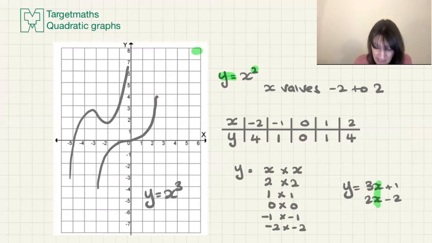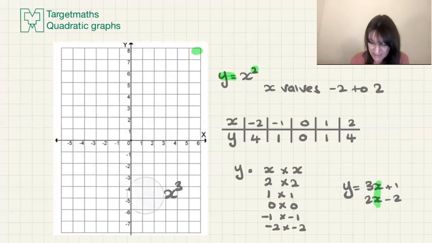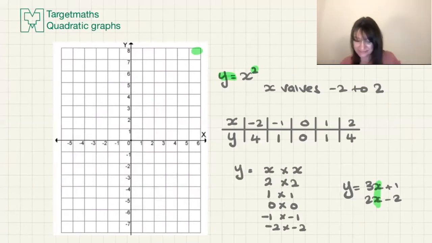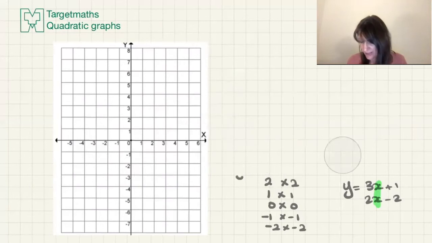It's like it's saying, okay, I'm gonna go back down. Oh no, I've changed my mind. I'm gonna go back up again. So a single x gives me a straight line. Power 2 is 1 bend. Power 3 is 2 bends, and so on. Okay, we're not doing power 3 today, so don't worry about that. It's just nice to give you this information as it comes up, I think.